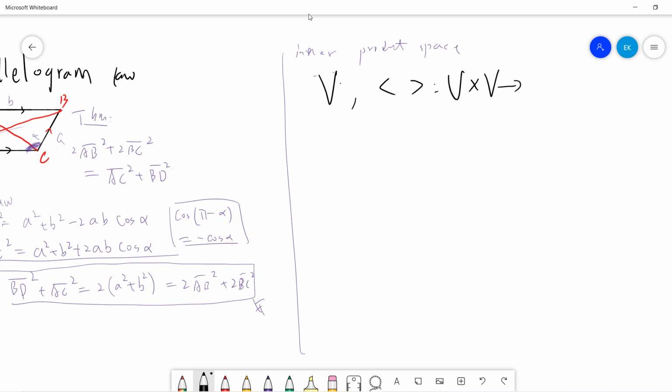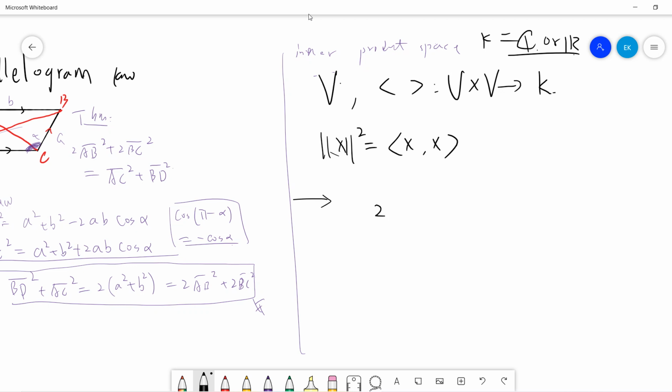Over V you give the underlying field K, which usually can be C or R. You can define a length squared as the inner product of the same vector, the norm squared. So an inner product space is naturally a normed space, and then there is a generalization.